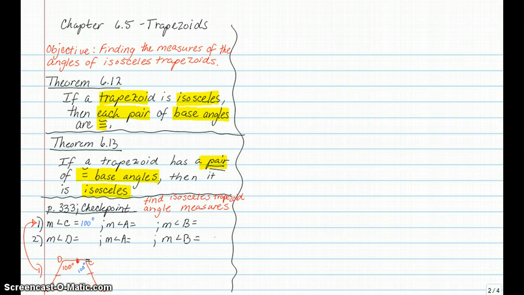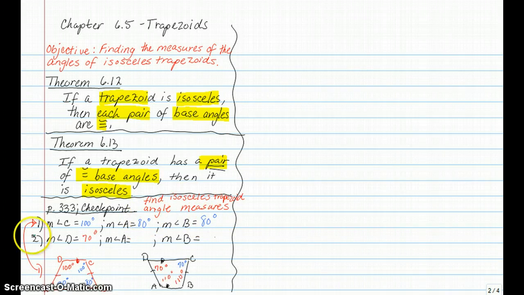Any quadrilateral has 4 interior angles that equal 360 degrees. 100 and 100 is 200. To get to 360, it's another 160 degrees. But I have two angles that are congruent, angle A and angle B. If I divide that 160 degrees into two parts, it's 80 degrees and 80 degrees. So the measure of angle A is 80 degrees, and the measure of angle B is 80 degrees.